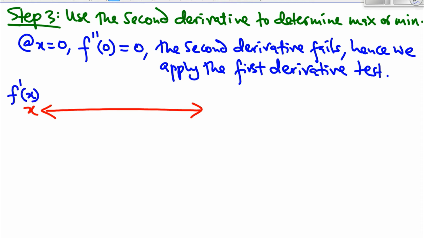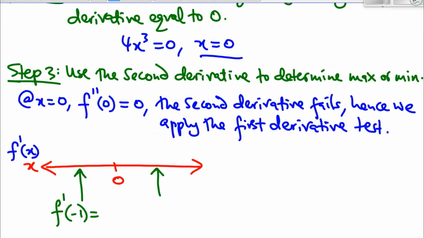So our critical point is 0, which means we need to pick test points. We can pick a test point here, we can pick a test point here, and we can pick a point like -1, which is easy to deal with.